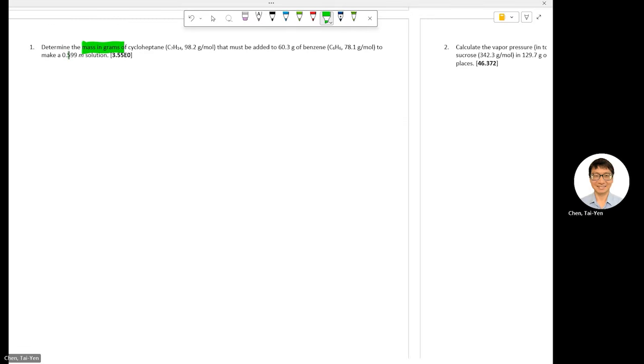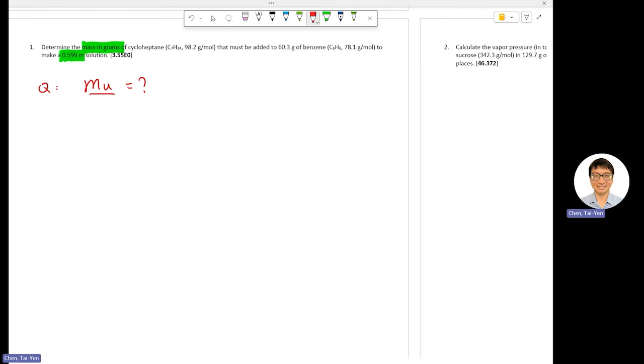I just highlight this. So apparently it's about the concentration, right? That is what you're looking for: the mass in grams of a certain species that needs to be thrown into another thing.